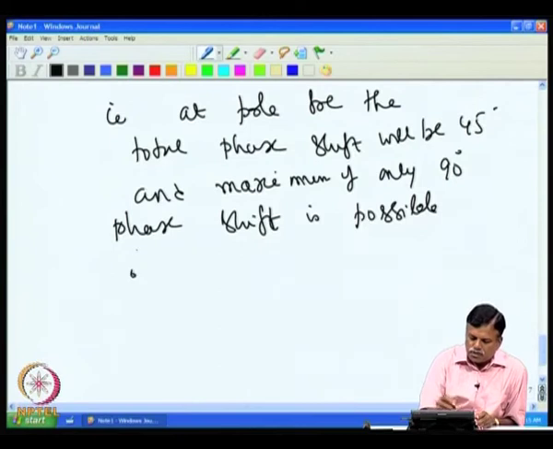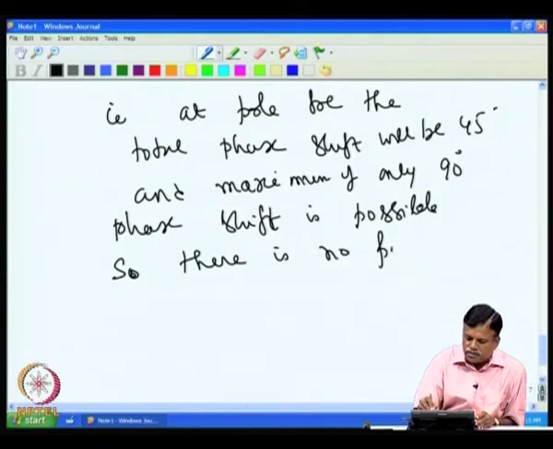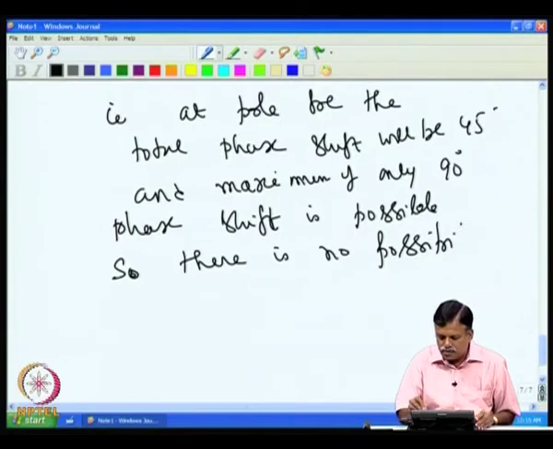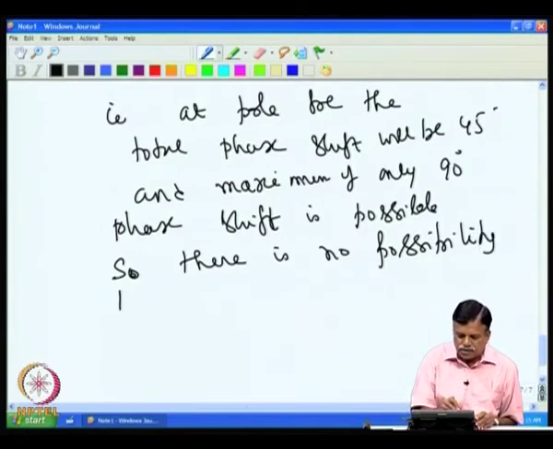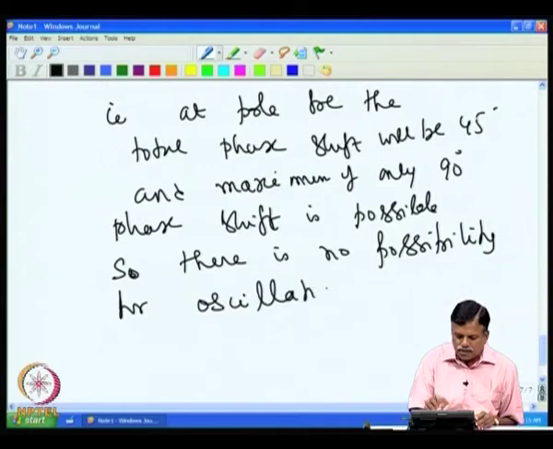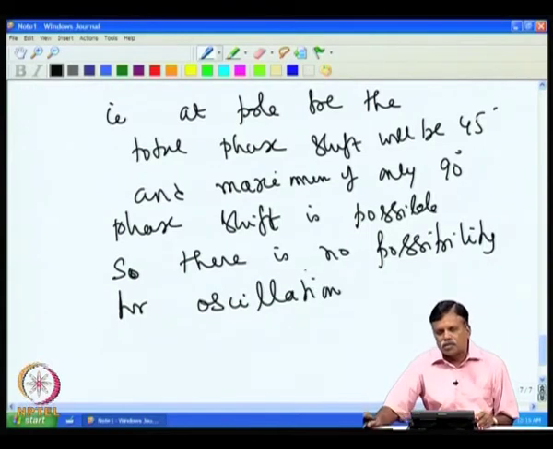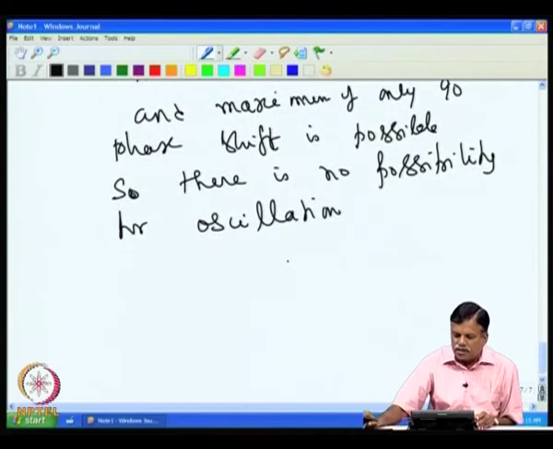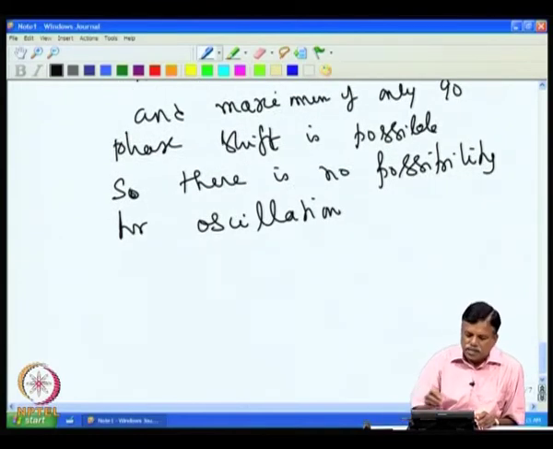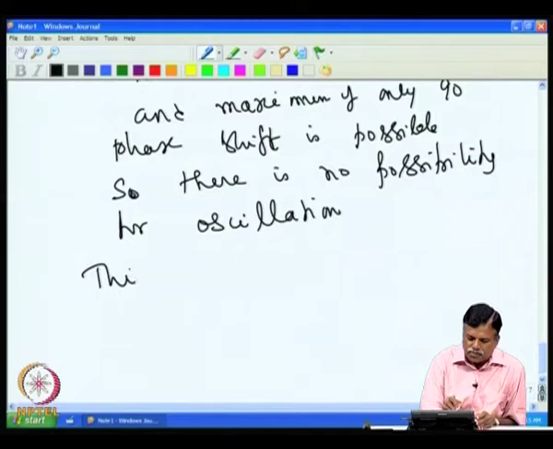So there is no possibility for oscillation. In fact, this is what is done in most operational amplifiers. They call it dominant pole compensation. This is called dominant pole compensation.